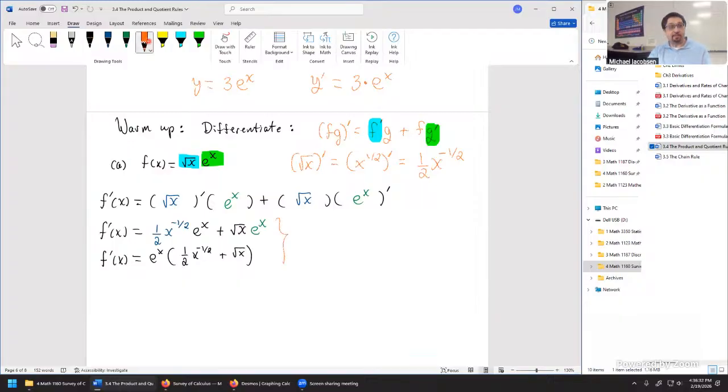Well, let's just emphasize, like we did before in the notes, both answers are acceptable. So that's our warm up for the product rule so far. Any questions whatsoever, folks, running through those steps?